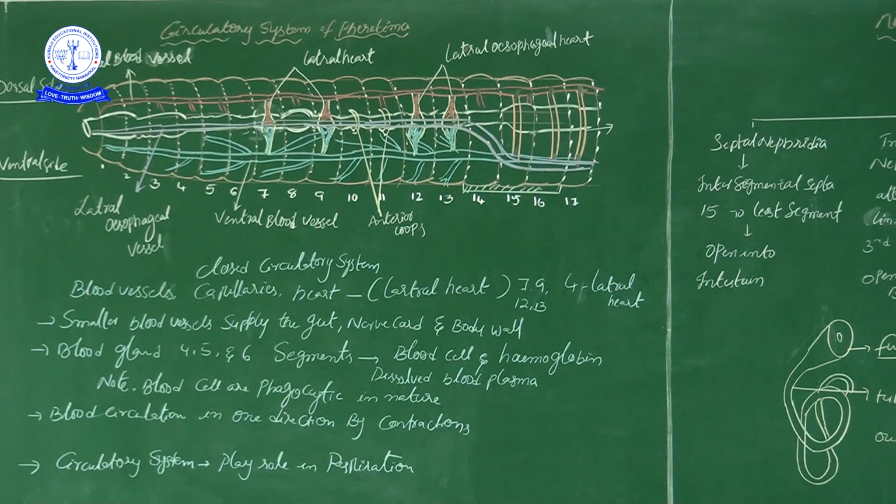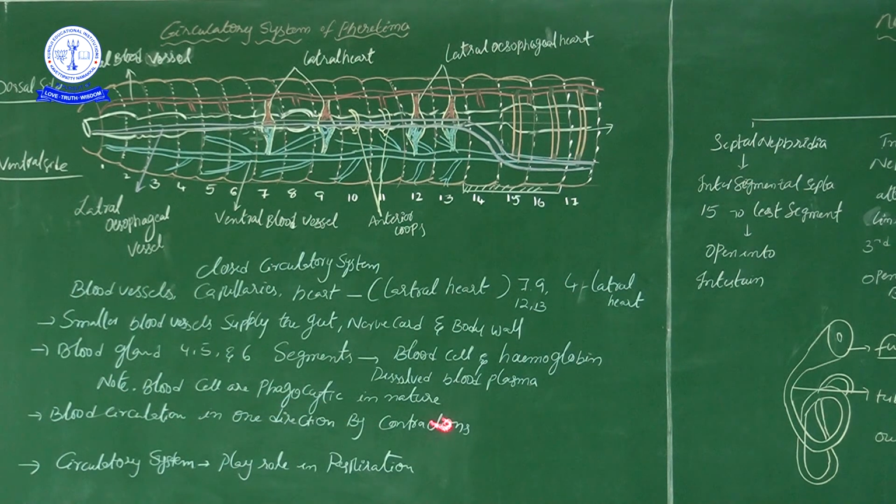Whichever side the earthworm wants to move, first some rings on that side will contract, because these annelida have longitudinal muscles, along with circular muscles also. By these muscles, it shows the contraction.